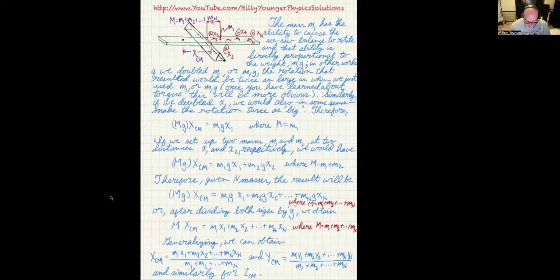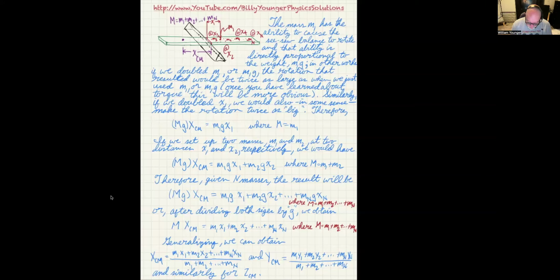So doing that, we get M times g times x_cm on the left-hand side, and M1g times x1 plus M2g times x2 on the right-hand side, keeping in mind that M, the thing we put on the left, has to be the sum of the two because we want it to have the same mass in order for it to be a candidate for the center of mass.